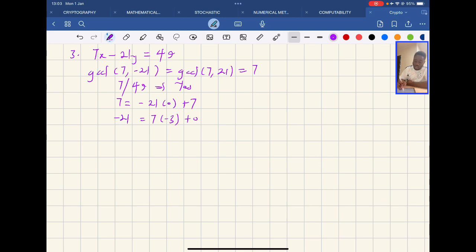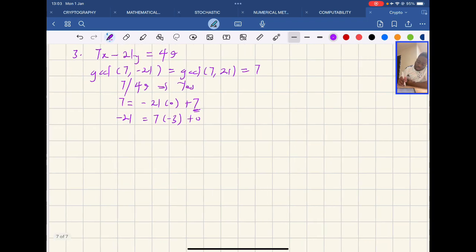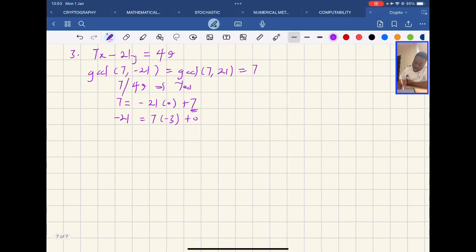So you can clearly see that indeed the GCD of 7 and minus 21 is 7. After getting this, we have to solve this equation backwards, right? So you are going to make this 7 the subject. You are going to get 7 is equal to, we will send this one over here, so 7 plus 21, 0.